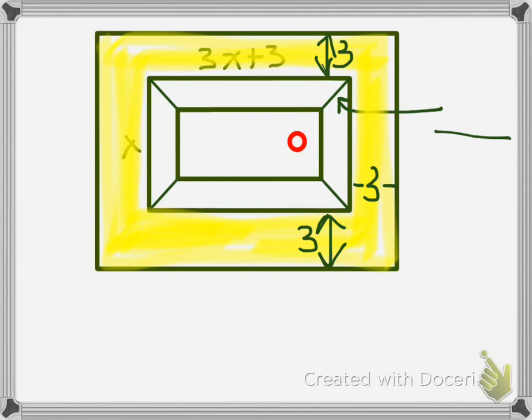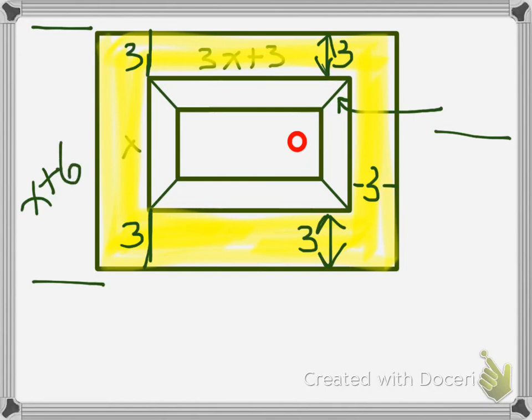So in order to figure out the overall width, we know from here to here is x, right? We made that up on the very first thing that I did here. Well, the overall width, including the walkway, is going to be x plus the distance here, but also the distance here. So this one's going to be 3, and this one's going to be 3. So it's not x plus 3 that is the width. X plus 6 is actually the width.